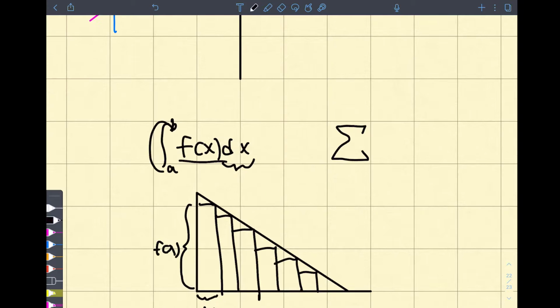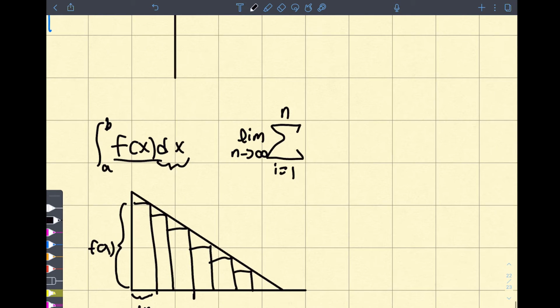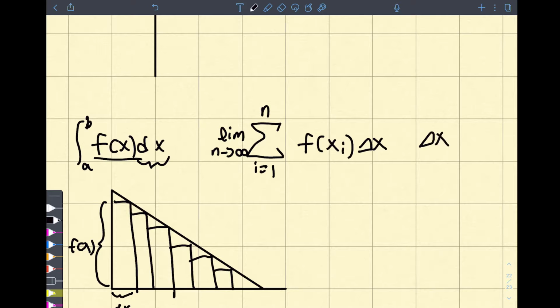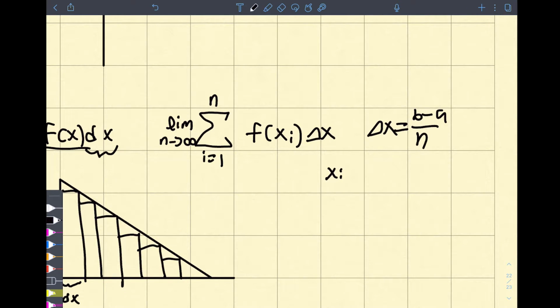So, this integral operator is the same as this summation operator, but we don't have to write the limit of n approaching infinity, where the summation of i equals 1 to n of f of x sub i times delta x, where delta x is equal to (b minus a) over n, and x sub i is equal to a plus i delta x.